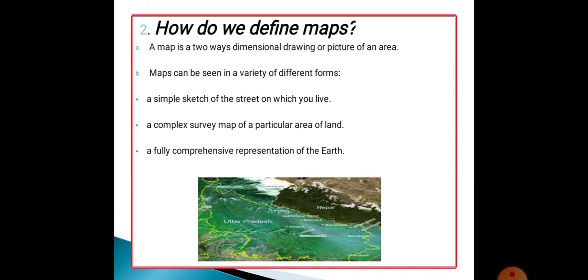So the entire earth is covered, the representation is done through maps to understand how we exist on the earth, and what are the countries located in the earth, what are the oceans or seas on the earth, and how we can trace it.